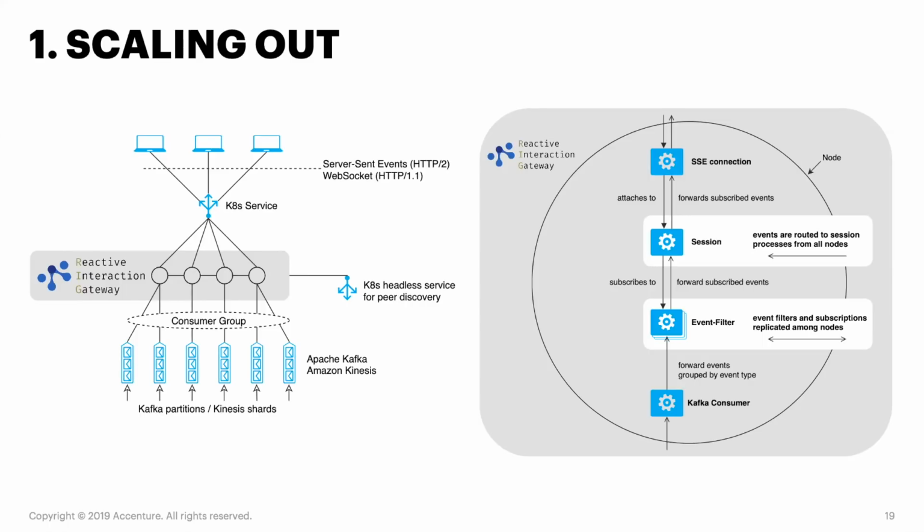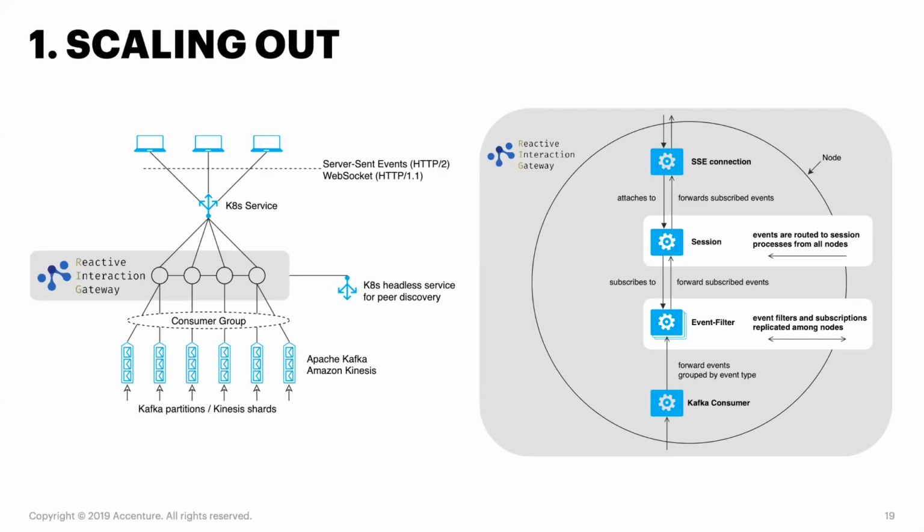There are connection processes at the top and Kafka consumer processes at the bottom that are both local to a node. Then there are session processes that exist only once for each session. They can receive messages from any node. The session processes are subscribed to event filter processes.